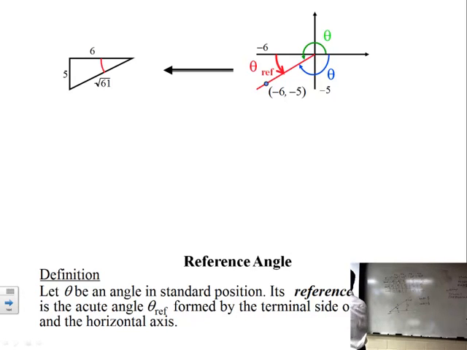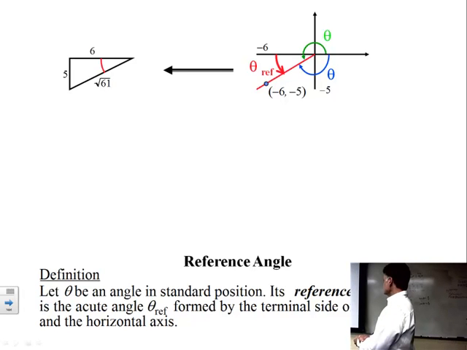So if theta is an angle in standard position, its reference angle is the acute angle formed by the terminal side of theta and the horizontal axis, whichever horizontal axis is closest. Here it's the negative x-axis. If we were in quadrant 4, it would be the positive x-axis.